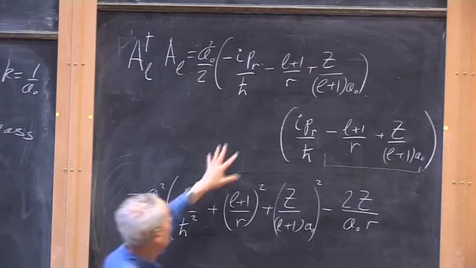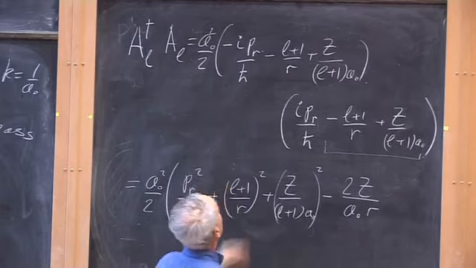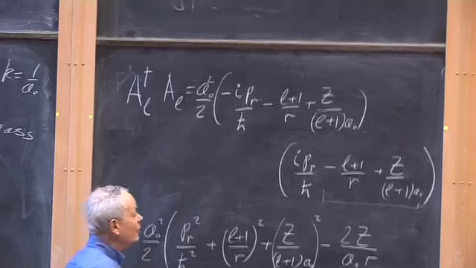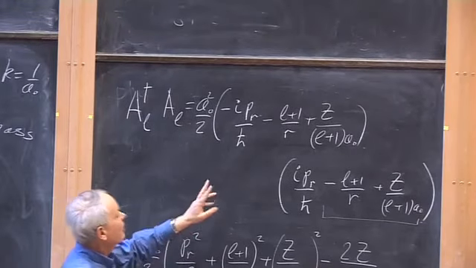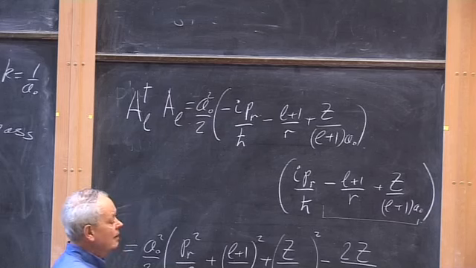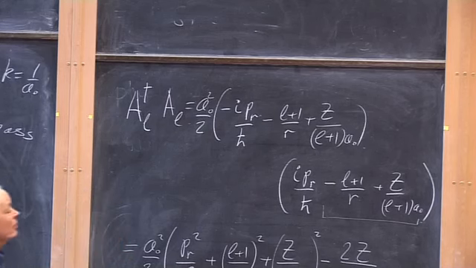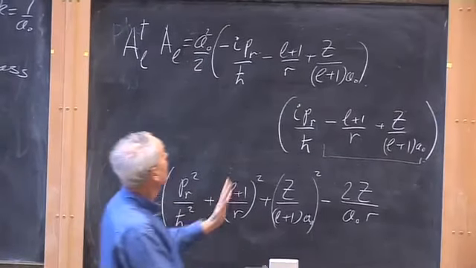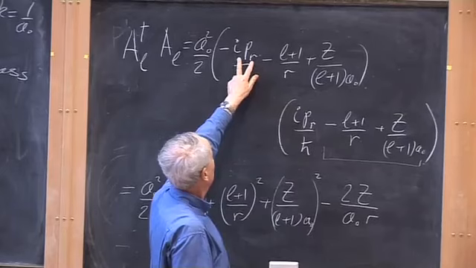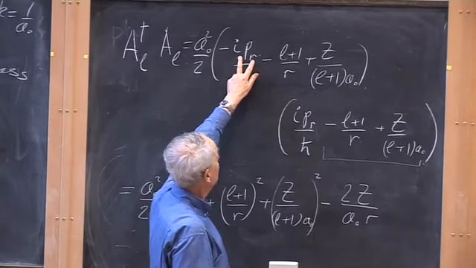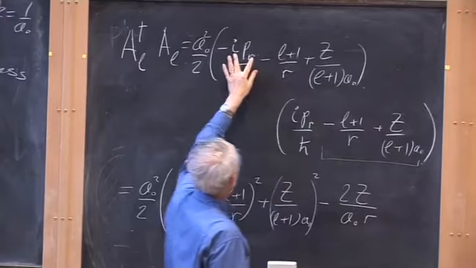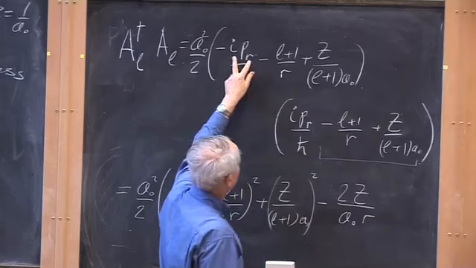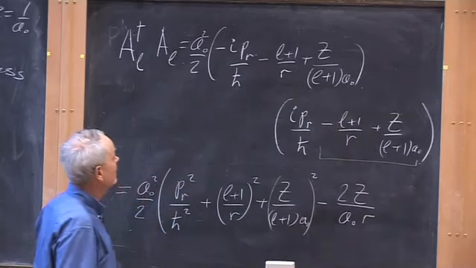Because it's the front thing squared plus the back thing squared. And now we have to think about the cross terms, which would vanish because this is (A plus B) into (A minus B), spiritually. These cross terms would vanish if we weren't dealing with operators, and they fail to vanish only because we are dealing with operators, so that there's a failure of commutation. In other words, P_r commutes with this, so for the cross terms, we don't get anything from this thing on this, but we do get something from this thing on this, namely we get the relevant commutator.